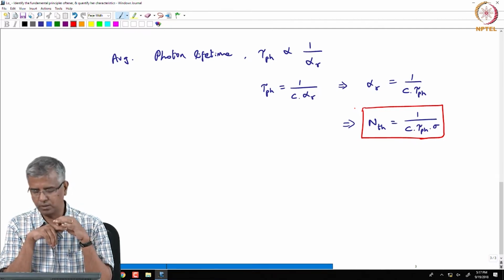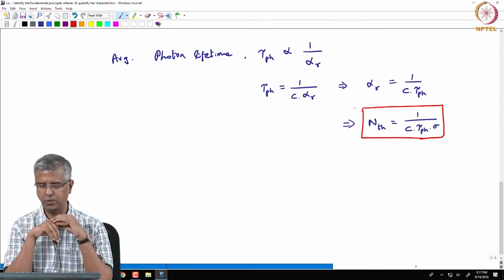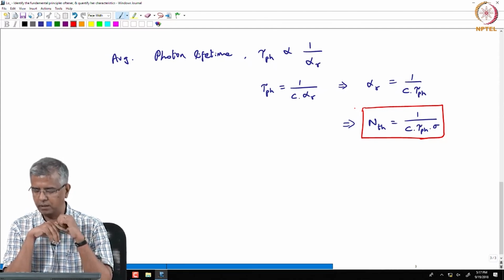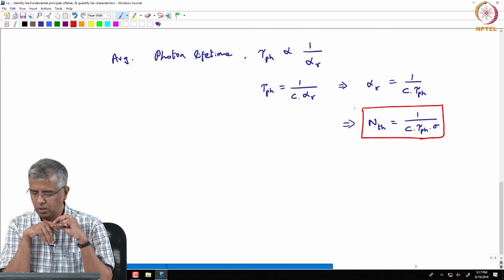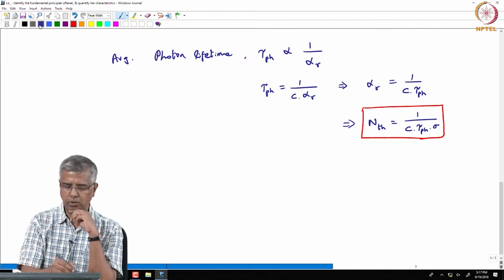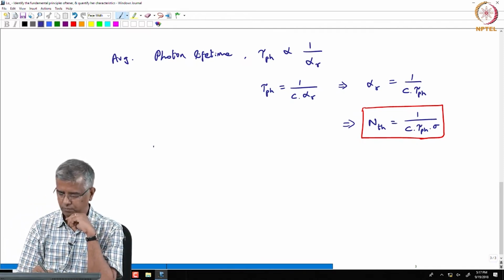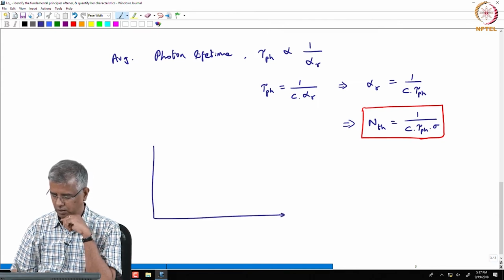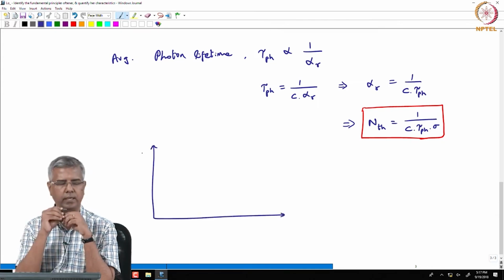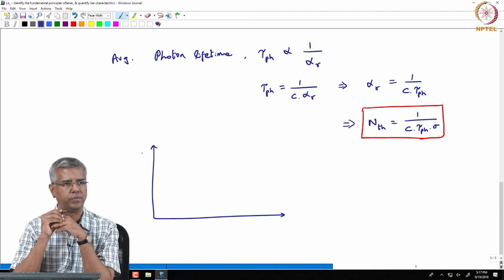Can we just try to visualize it? To visualize it, what we actually need to look at is the saturation of the gain.